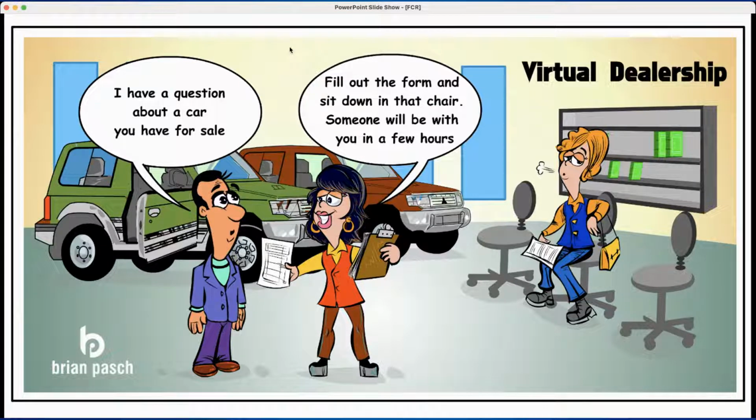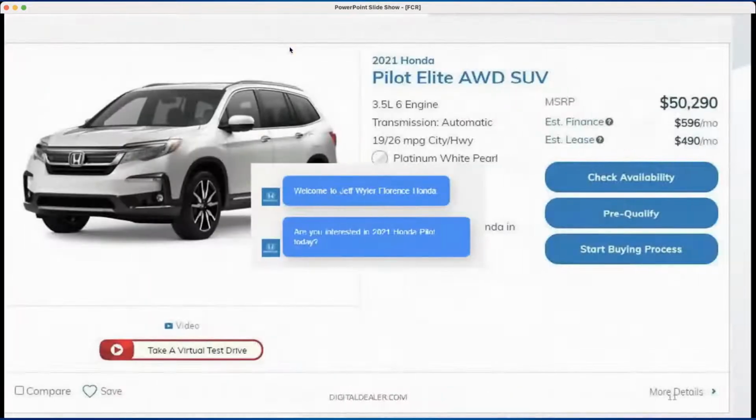Of course, we don't do that because our showrooms are staffed. Why shouldn't we be staffing our virtual showrooms? But the good news is you can.